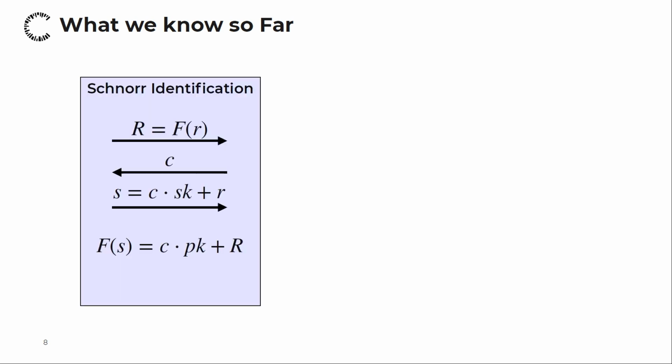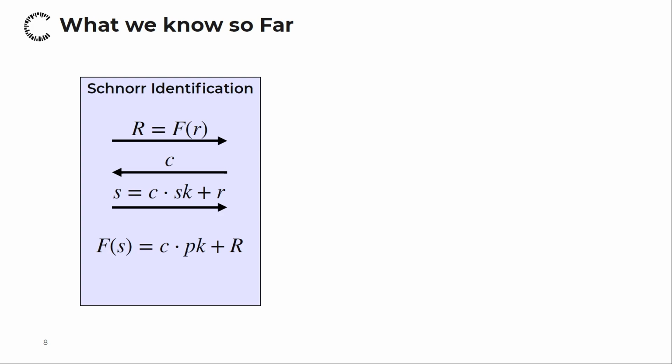Okay, so we want to construct multi-signatures, and a good start is to look at what has been done for standard signatures. So how can we construct standard signatures? One way to do that is to start with an identification scheme, for example, the Schnorr identification scheme. Here you don't have to understand all the details if you're not familiar with it. Just let me recall the high-level structure.